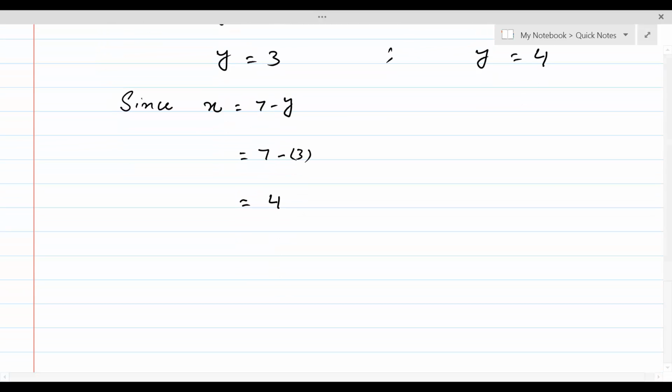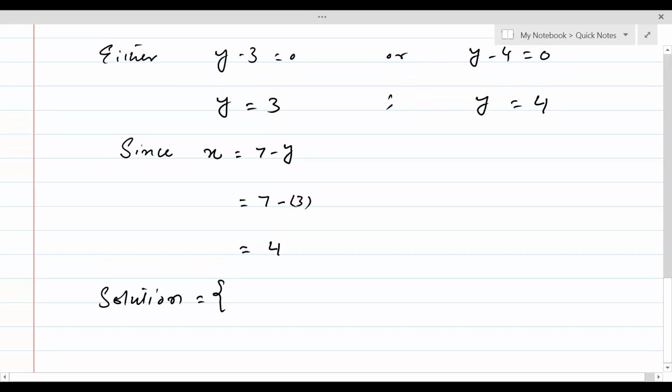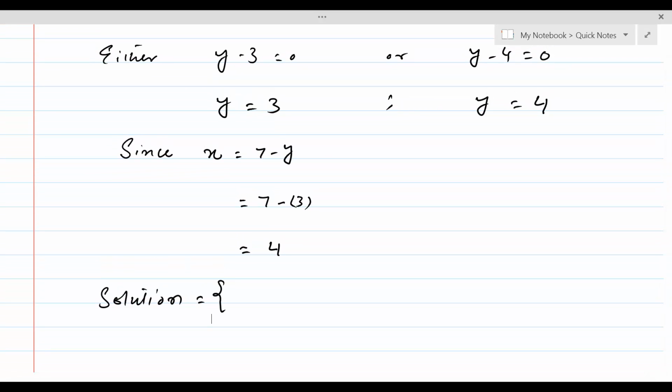So in the solution set, one possible point where this quadratic equation and straight line might intersect is the point 4 for x and 3 for y. So that will give us that ordered pair, which is a possible point of intersection.